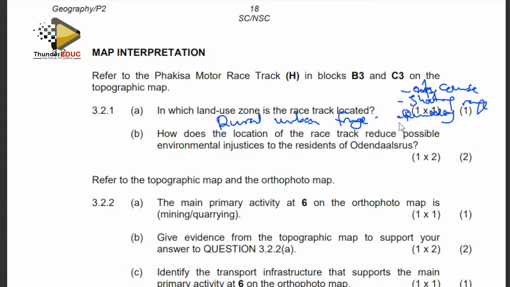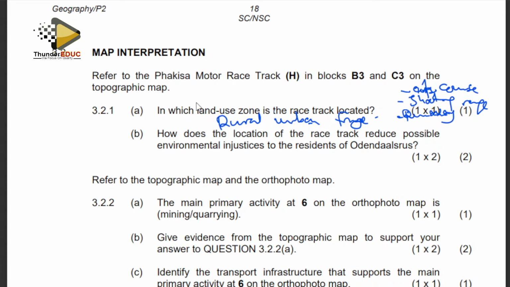Then the shooting range, the golf course, the runway. And now here we can talk about the track racing. All those are found in those areas. Why? Because there's enough space that can be used, and that place does not have a lot of people.